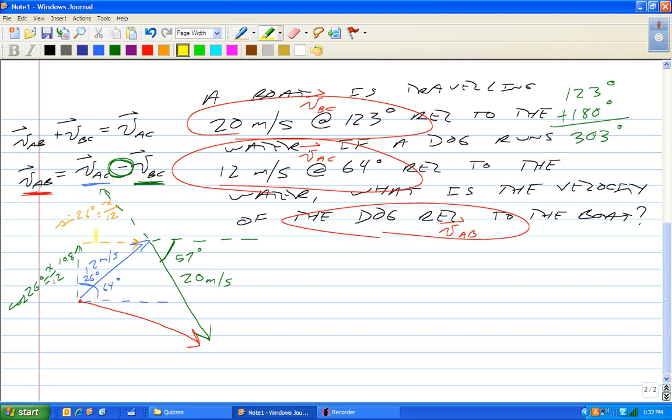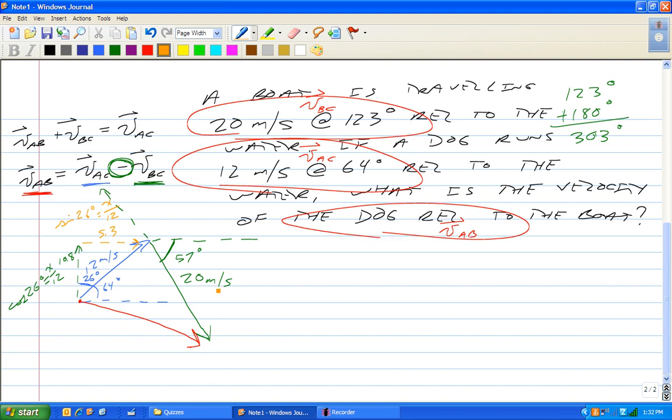If I want to know what this side is, because that's the part that's going to the right, I can use the sine function because I know this angle and the hypotenuse, and I'm looking for the opposite. And I get 5.3. So when I say it's going 12 meters per second at 64 degrees, I'm saying it's going 10.8 meters per second north and 5.3 meters per second east at the same time.